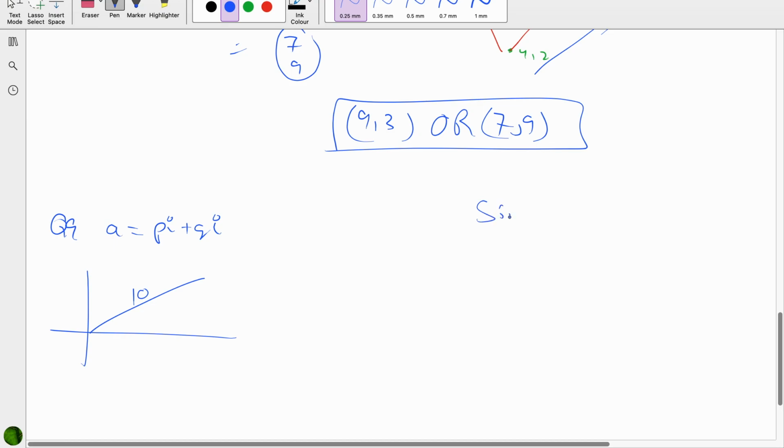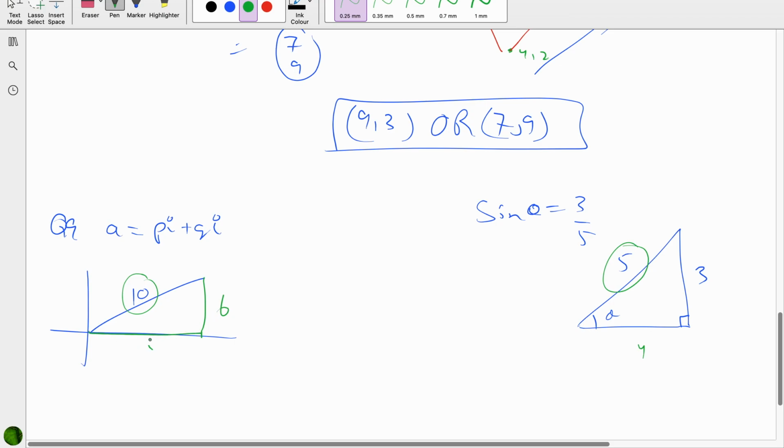So if I make this triangle, write theta here, this is 3, this is 5, perpendicular over hypotenuse. Applying Pythagoras theorem, we get this side as 4, and luckily this was 2 times more than this 5. So this length would be 6 and this length would be 8.